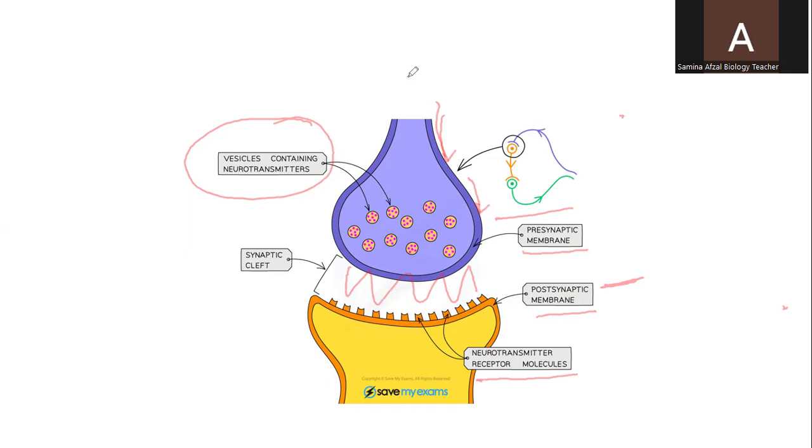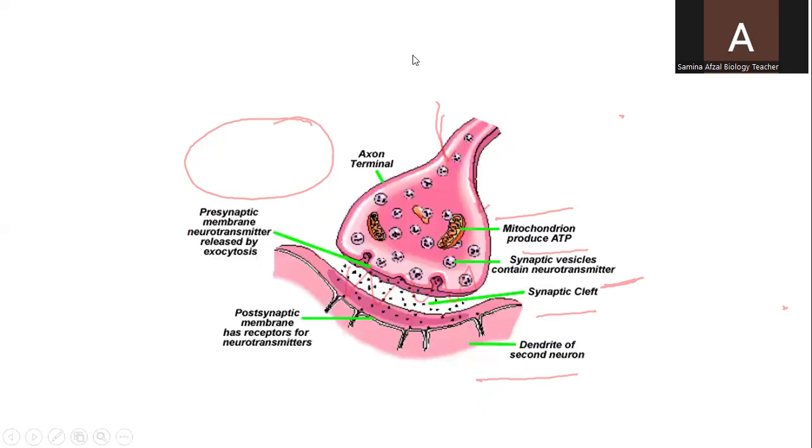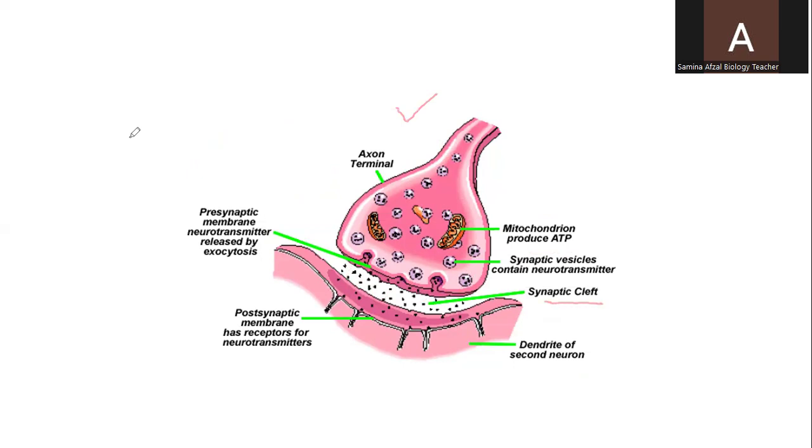So these are the different parts which are used in the transfer of neurotransmitters from one axon towards the other axon. Now you can see axon terminal of one neuron and the gap synaptic cleft and dendrite of the second neuron. Now the messages are in the form of vesicles, which have neurotransmitters in them.